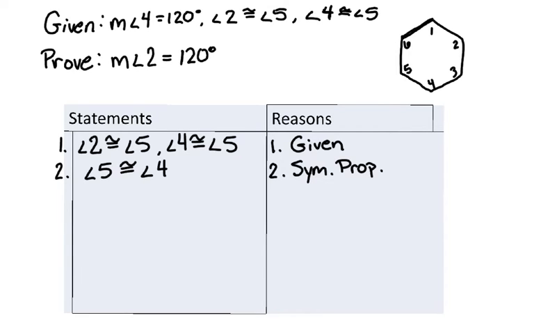Okay, so we're going to state our given information a little bit over again. We know angle 2 is congruent to angle 5, and angle 5 is congruent to angle 4. Just using the substitution property for this piece right here, I'm substituting this in here to make up this statement.